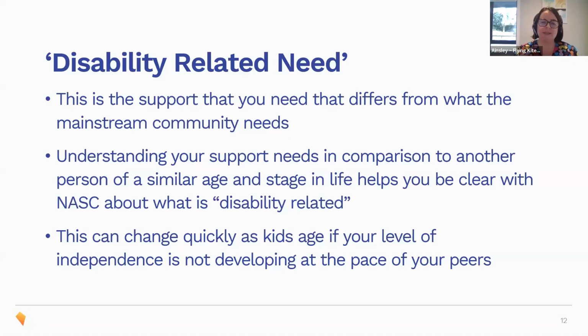So when we're talking about disability related need, that's also particularly important when we're looking at young children. Because if you think about the support a young child needs, they develop very quickly over time.